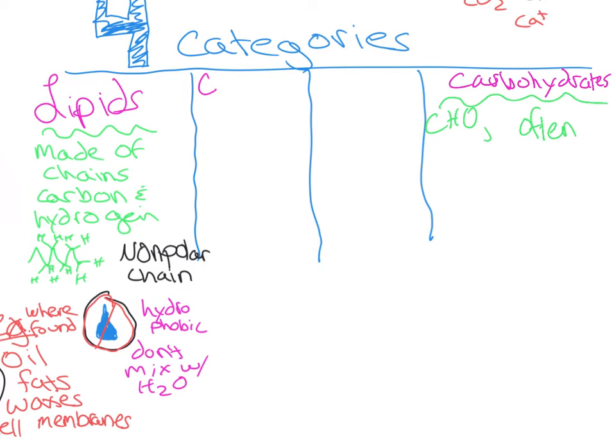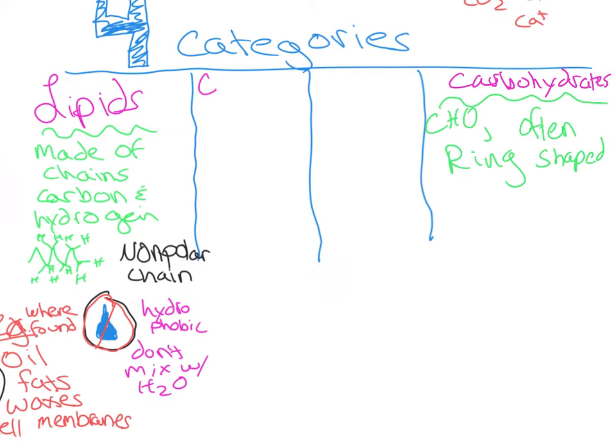So if I say ring shaped, does that make sense? It could be hexagon, it could be pentagon, but it's closed off like you were saying. That is characteristic, the C's, H's and O's and the fact that they're ring shaped.